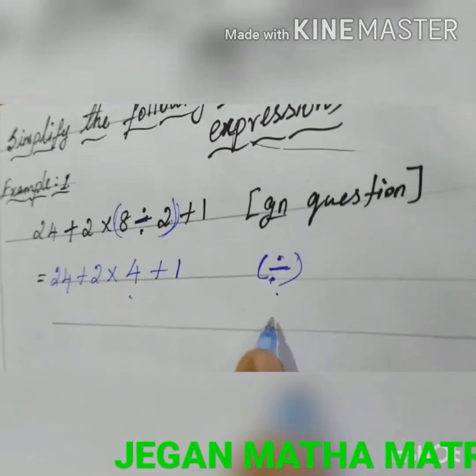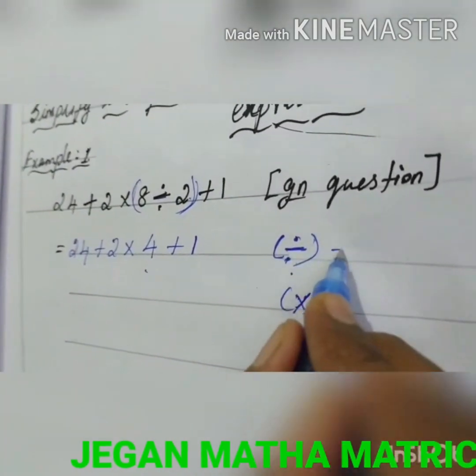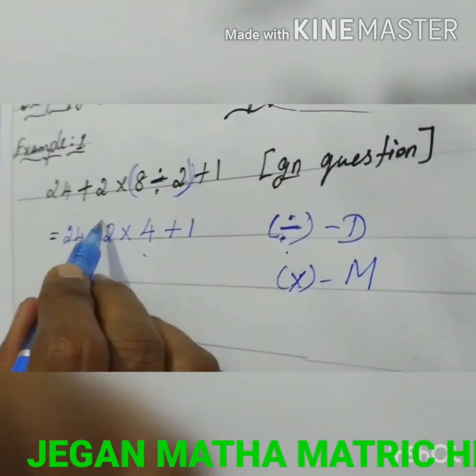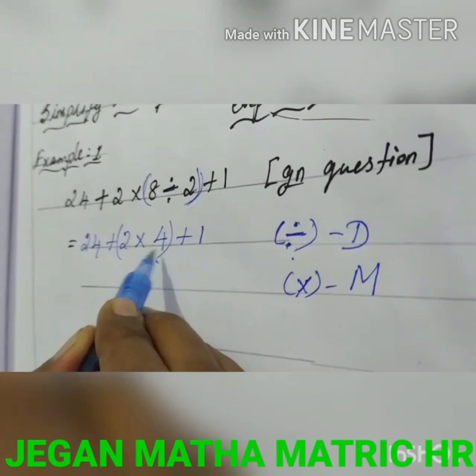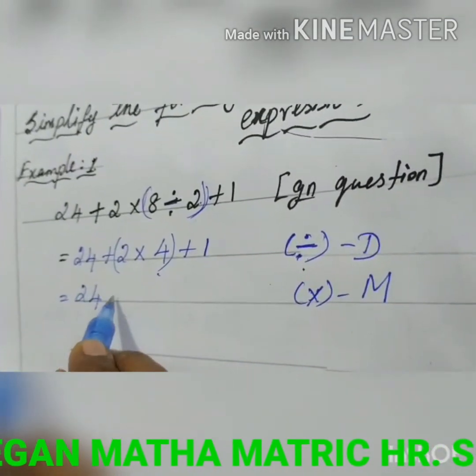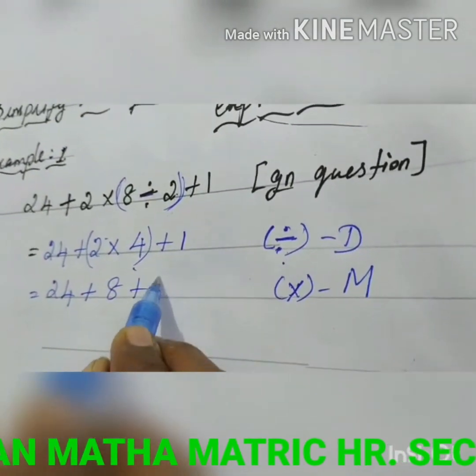After the divide you can do the multiply. So here 2 multiplied by 4 is there. So keep 24 as it is, plus 2 fours are 8, plus 1.